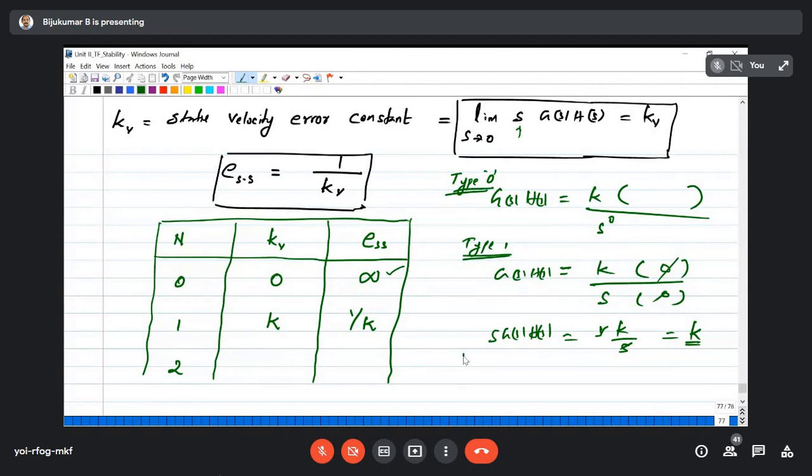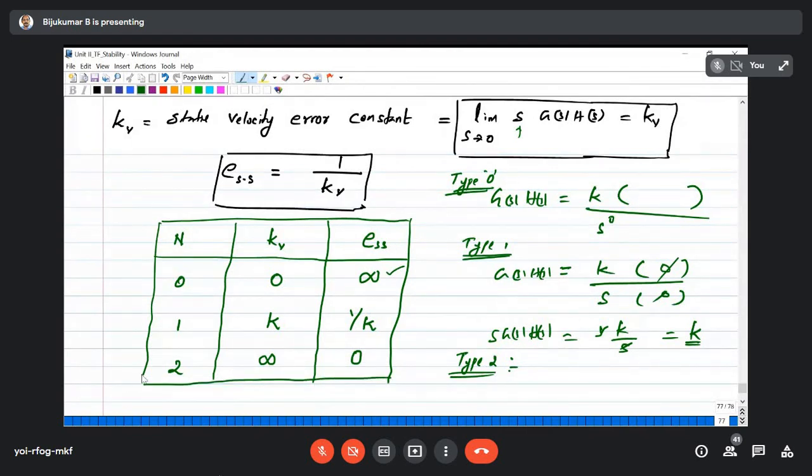Now we'll move to type 2. What will happen? If you do the same analysis, g of s into h of s becomes k divided by s square. If you multiply with s, it will become k by s. Limit s tends to 0, k by s will become infinite, so Kv is infinite and the steady state error becomes 0.